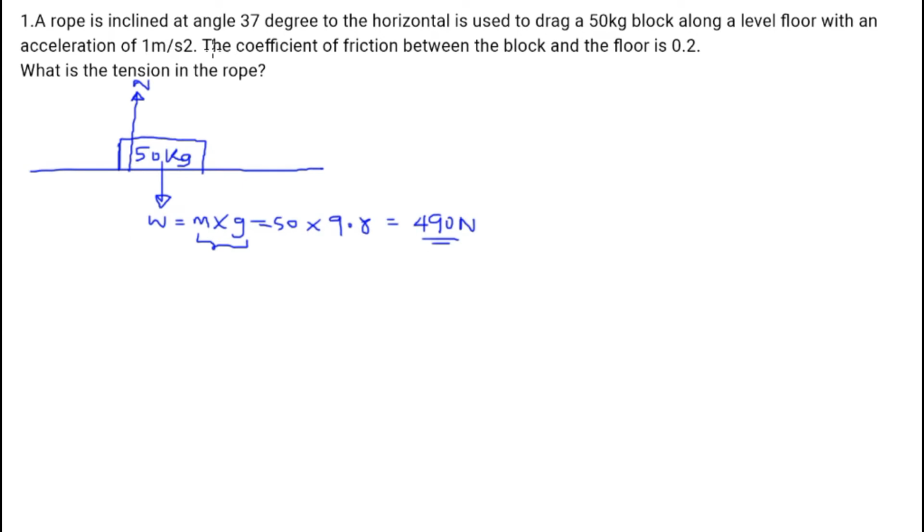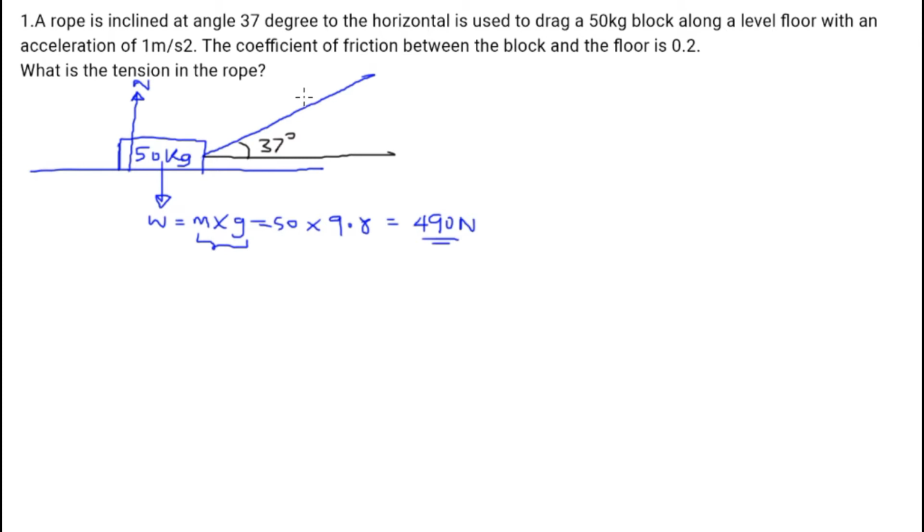A rope is inclined at an angle of 37 degrees, so there is a particular rope right here that is inclined at an angle of 37 degrees to the horizontal. There will always be a tension on the rope.